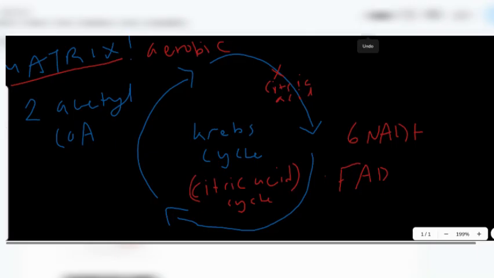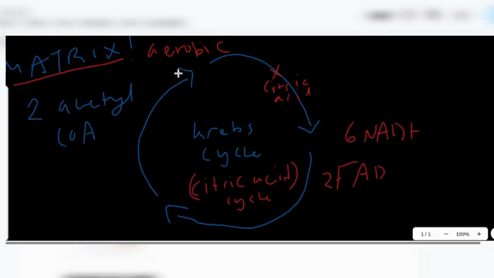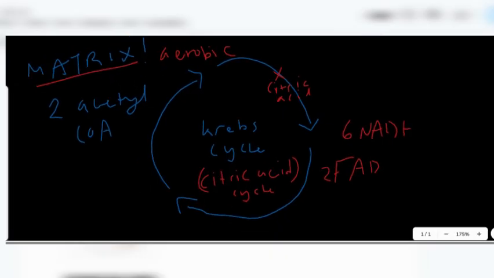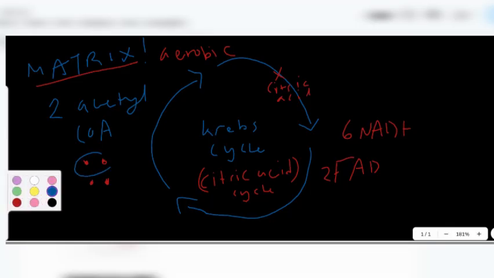If oxygen isn't available, pyruvate cannot enter the mitochondria and the cell will perform anaerobic fermentation instead. The Krebs cycle begins with two acetyl-CoA entering the mitochondrial matrix. The two acetyl-CoA have two carbon atoms each.